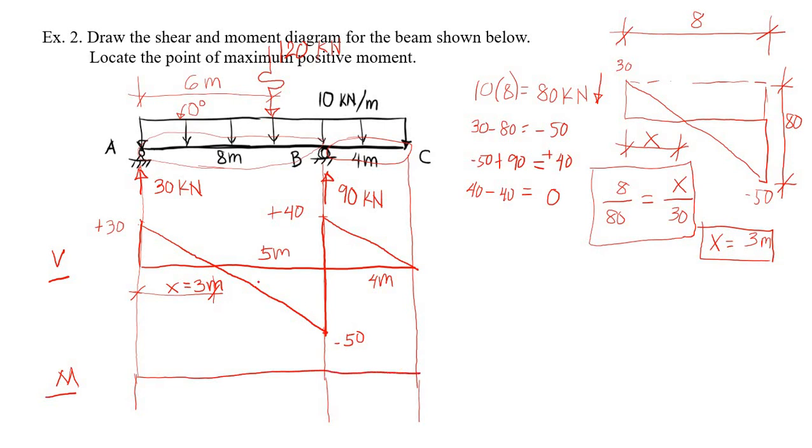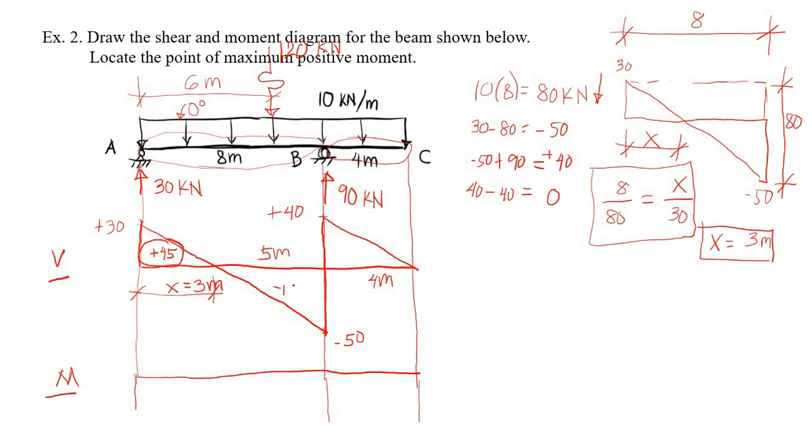Okay, the area for this triangle is equal to 1/2 times 30 times 3, which should be positive 45. And the area for this triangle is 1/2 times 5 times negative 50.